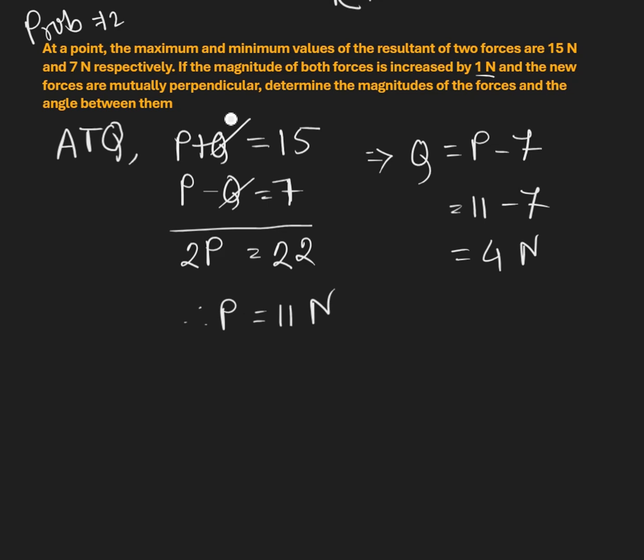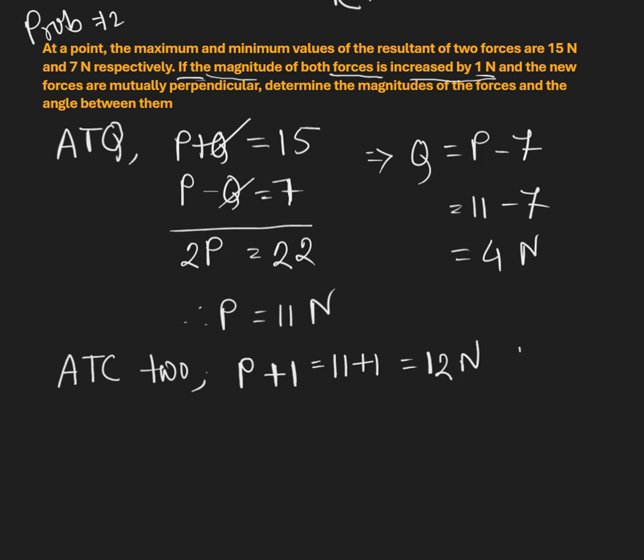Anyways, now the second condition or the second part of the question says if the magnitude of both forces is increased by 1 Newton. So we have to write down according to condition 2: P plus 1, it will be 11 plus 1, so the force will be 12 Newton.